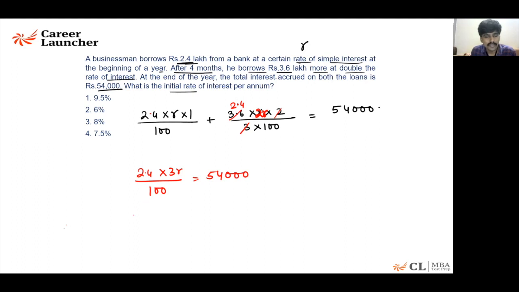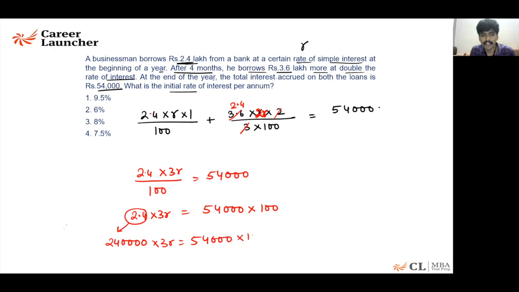So 2.4 into 3R is equal to 54,000 into 100, where this 2.4 is actually 2,40,000. 2,40,000 into 3R is equal to 54,000 into 100.